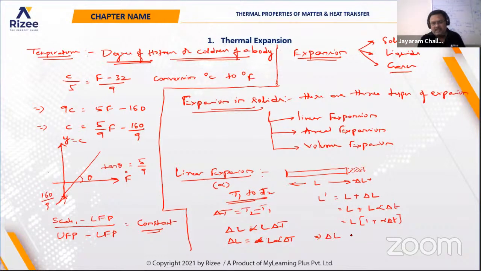Delta L, the change in length, is equal to L alpha delta T, whereas delta L by L is used for percentage conditions, that is alpha into delta T. Like this, you can apply it to different situations.